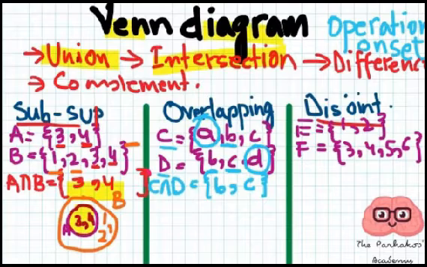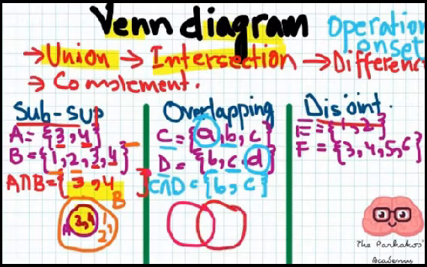So B and C are going to be common, and the rest of the others, which include A and D, are uncommon. So this is the overlapping relationship. Let's draw the Venn diagram. So in overlapping, as I said, we have some elements common. So we have to provide the provision for the common elements and for the uncommon elements. This is C and this is D, right? Here there are two elements which are common.